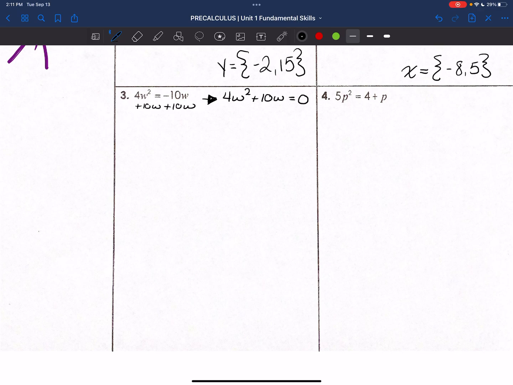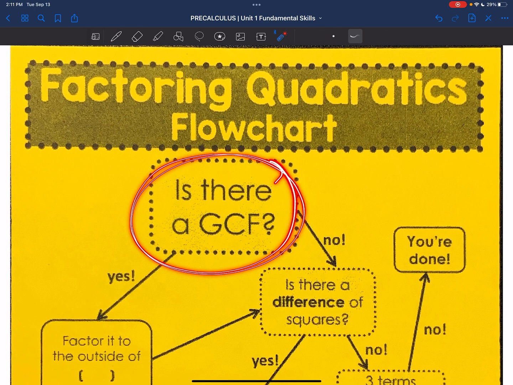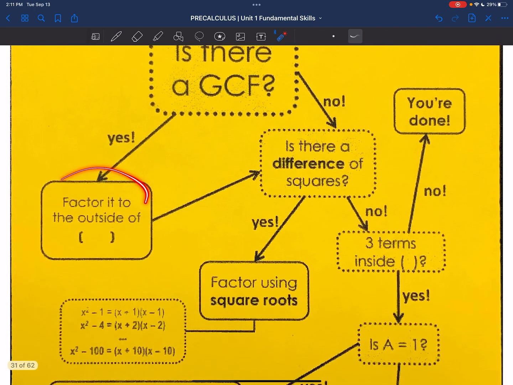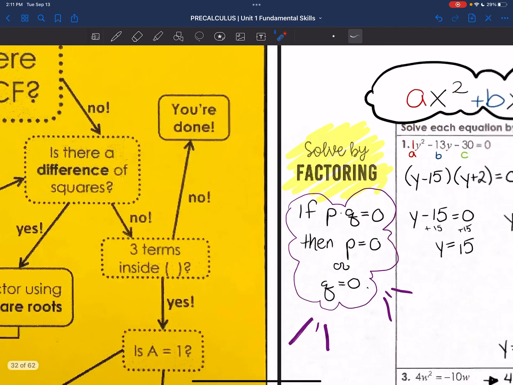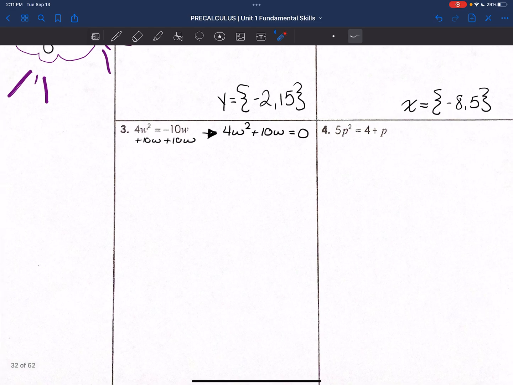Okay, let's begin to solve by factoring. Is there a GCF? If there is, factor it outside of those parentheses. Do we have a GCF? We most certainly do. What can we divide out of 4w squared plus 10w? That's going to be a 2w.